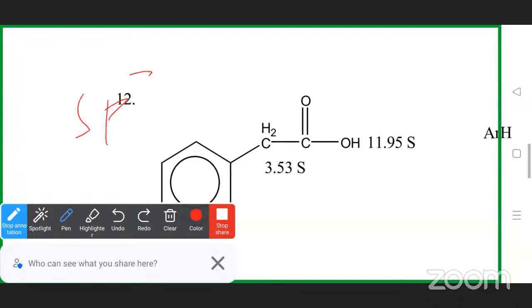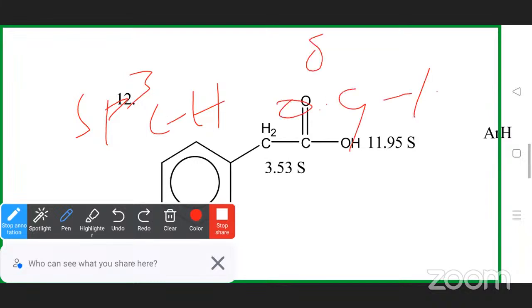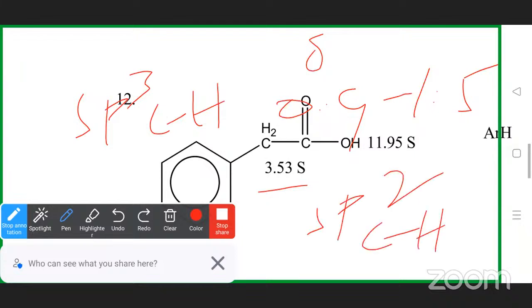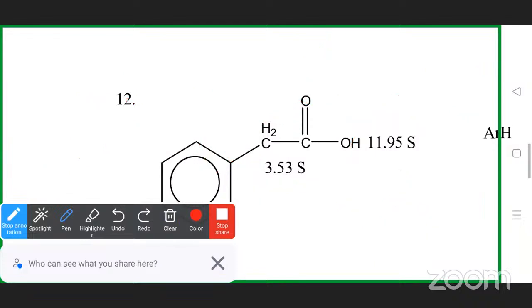But here we are seeing 3.53. An sp2 CH proton ranges from 3.5 to 4.5, but this is an sp3, not sp2 here.